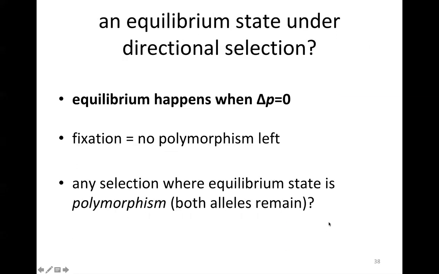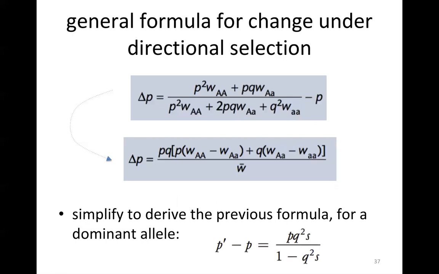Okay. So in this directional selection model, we can also ask at what point the population will reach equilibrium. Equilibrium, as you remember, is the stage where there's no further change. And here we have a formula describing change from one generation to another.